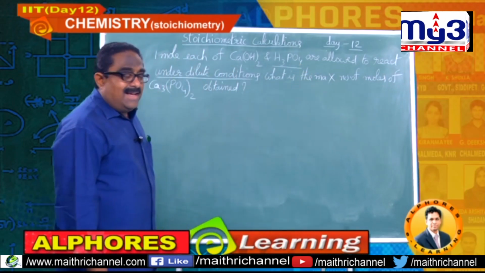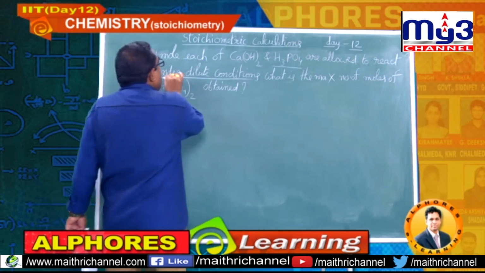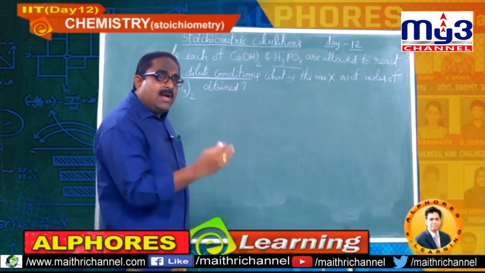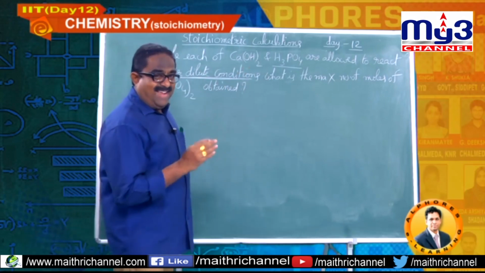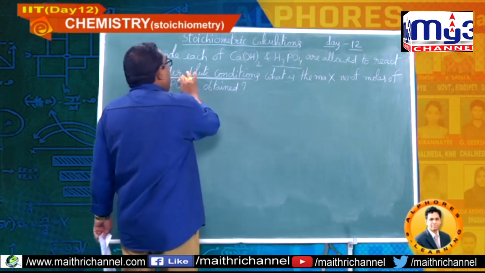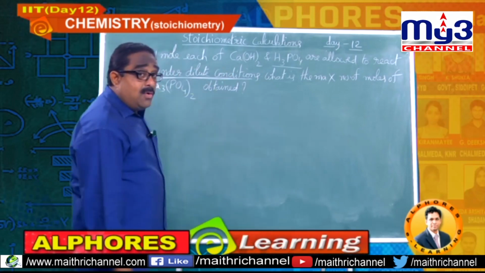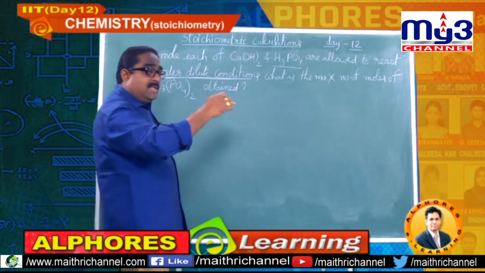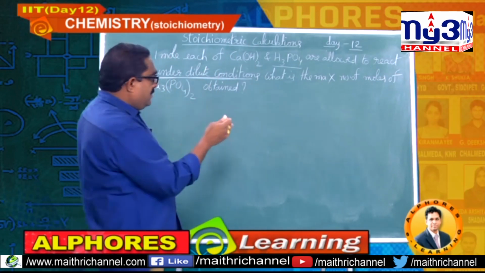That's why he has mentioned under dilute conditions. So at the dilute conditions, it will undergo 100% ionization. For that purpose, he has mentioned this under dilute conditions. Okay, that will be discussed in the ionic equilibrium chapter, not here.